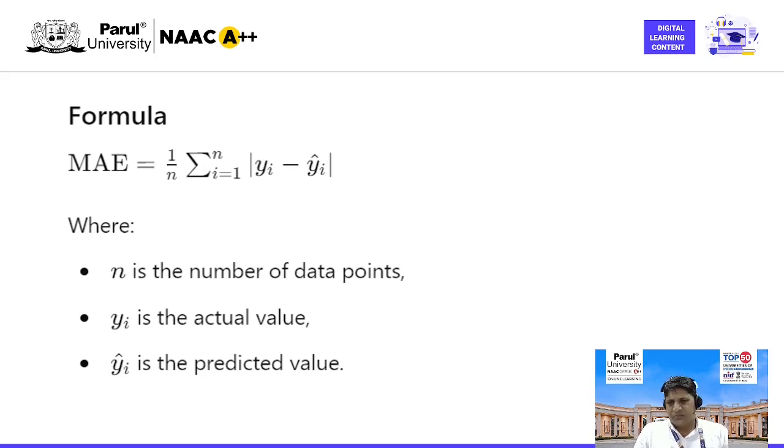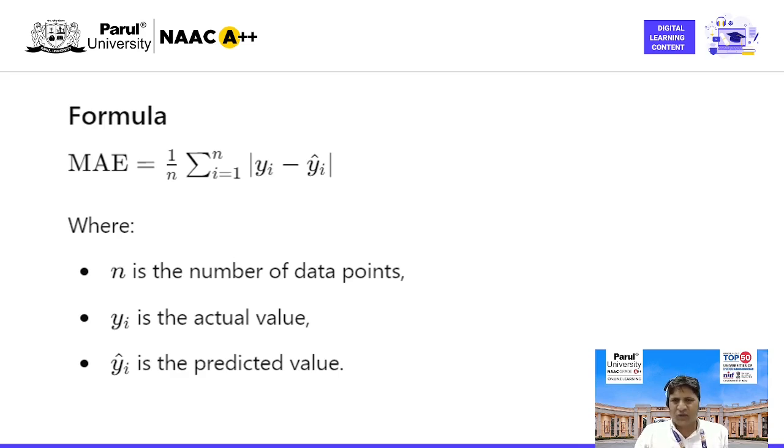The formula to calculate the mean absolute error is: 1 by n, summation of the absolute value of yi minus yi dash. Here n is the number of data points, meaning how many data points are taken as sample data.